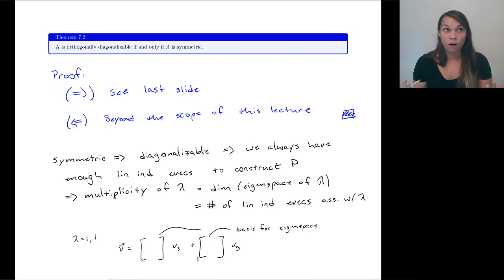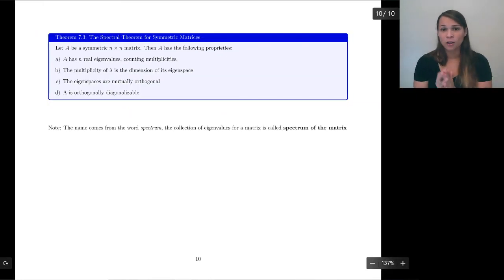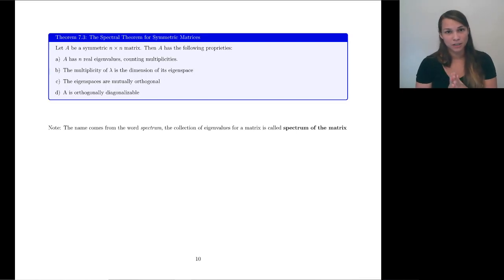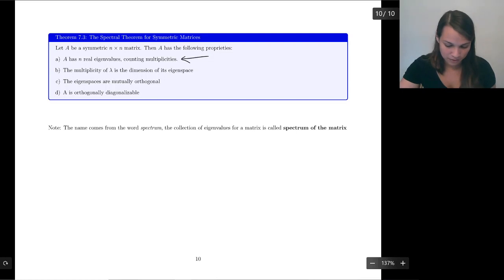So all we've done so far is we've gone symmetric and gotten something cool. Did symmetric, we got something else cool. And we just keep on getting cool things for A is symmetric. We summarize all these things into the spectral theorem for symmetric matrices. It's not as big as the IMT, but we still get some really cool results. So we already proved that.